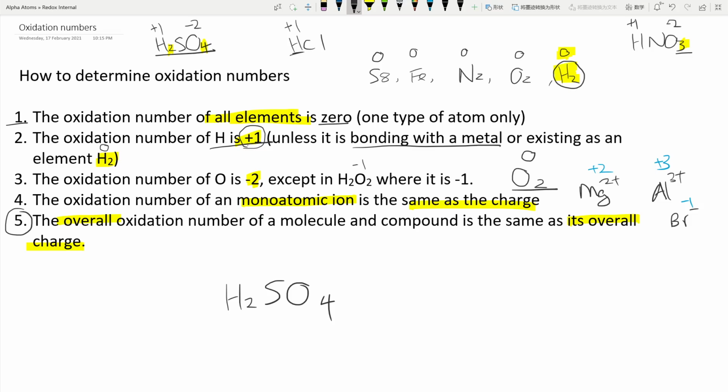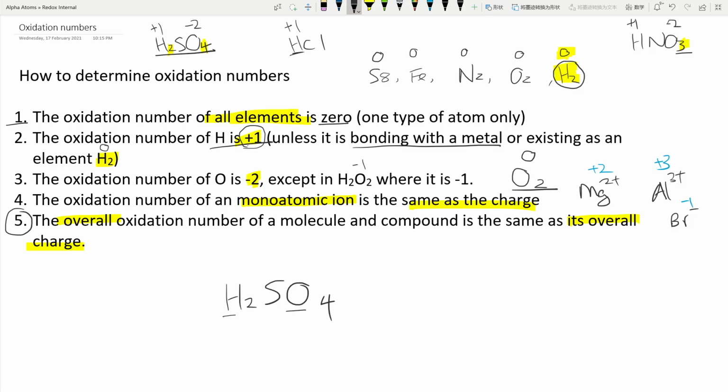Now, most of the time, it's not the hydrogen's or the oxygen's oxidation number that will change, because with most of the redox reactions, the H and O don't do much unless they are the key species. Most of the time they remain unchanged. It's normally the unique element, as I tend to call it, the one that's not hydrogen or oxygen, that has a different oxidation number change.